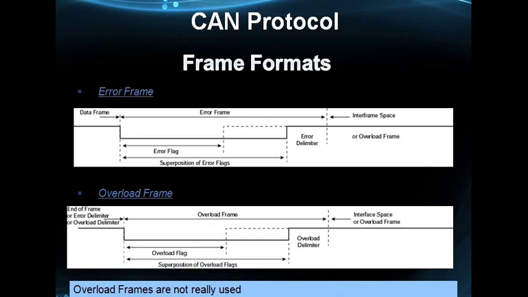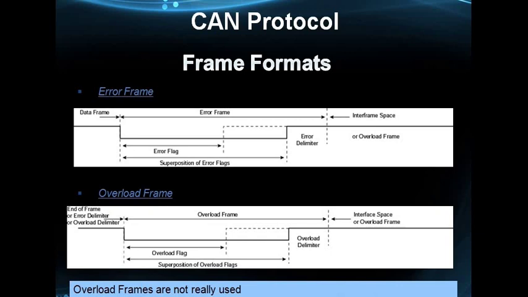Listen carefully, this is a very interesting topic. The nodes which are more corrupt send a passive error frame. The nodes which are less corrupt will send an active error frame.